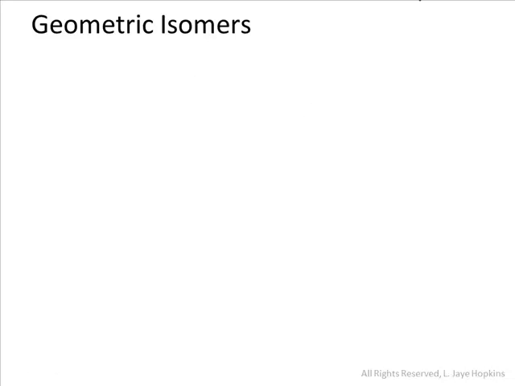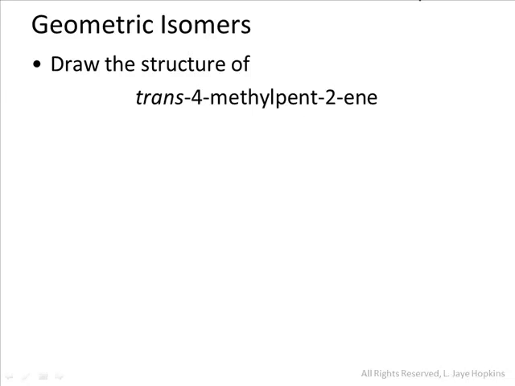Let's try some practice. Draw the structure of trans-4-methyl-pent-2-ene. I recommend starting with a relatively expanded structure rather than doing too much condensing of your different carbon and hydrogens. I also recommend avoiding the line structure for a couple more minutes until we talk about it specifically.